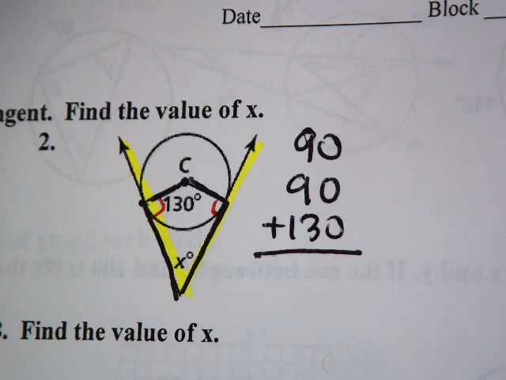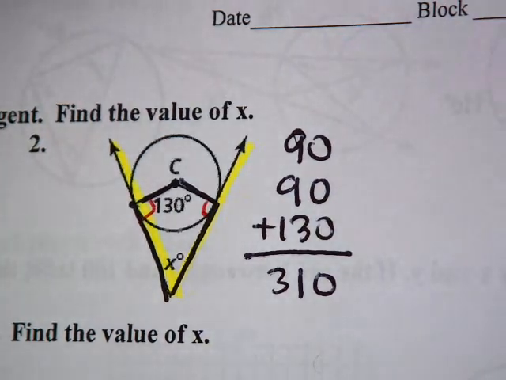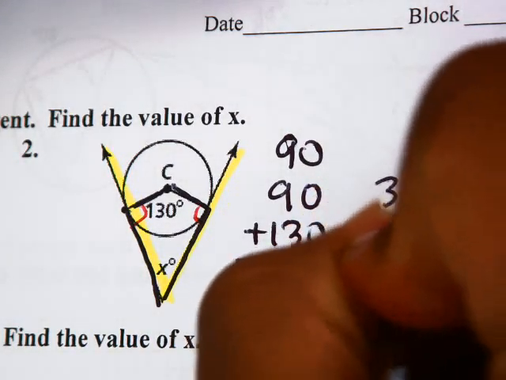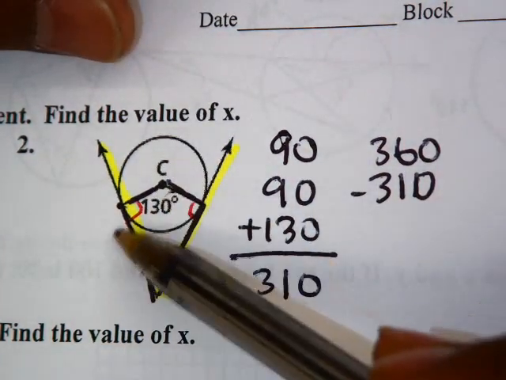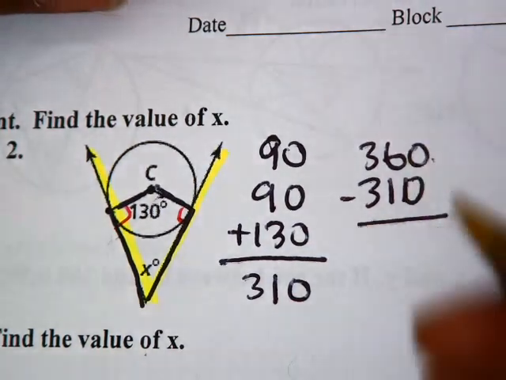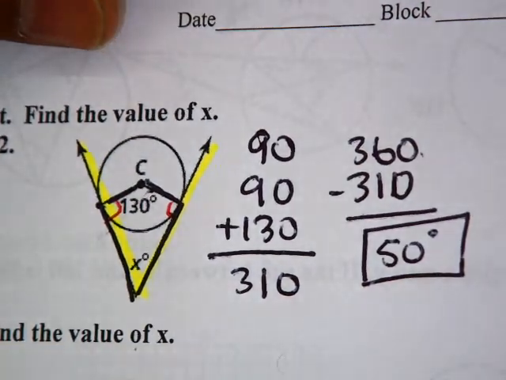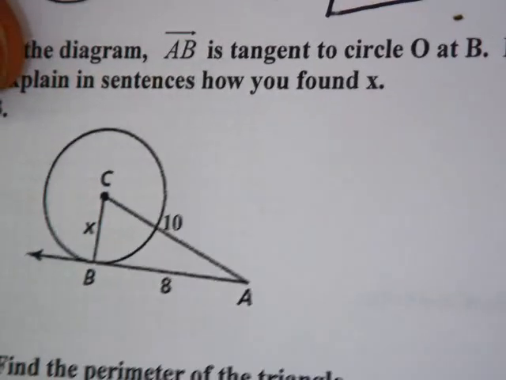So I'll take the 90, this other 90, and the 130 and add them together. 90 plus 90 plus 130 is 310. This time I'll take the 310 and subtract it from 360, because this is a four-sided shape, a quadrilateral, and quadrilaterals add up to 360. So that makes angle x 50 degrees.